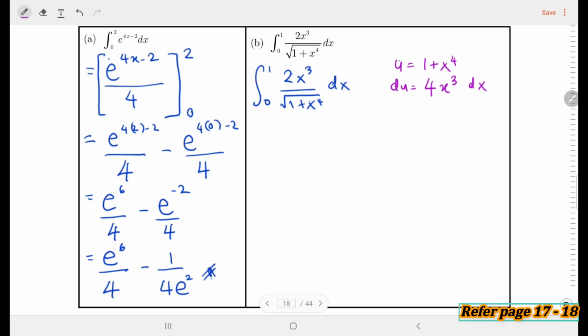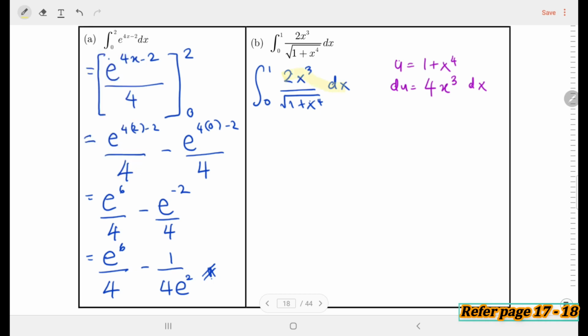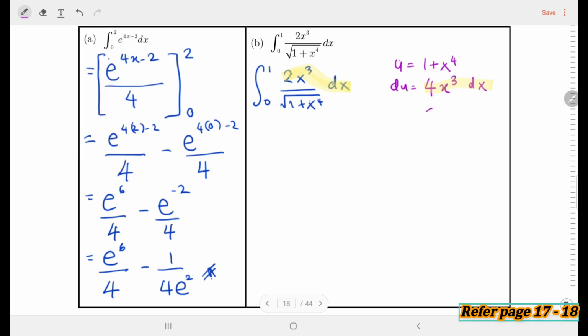Look at the original question. We have 2x to the power of 3 dx, but here I have 4x to the power of 3 dx. So how do we make it into 2x to the power of 3 dx? 2x to the power of 3 dx equals du over 2.